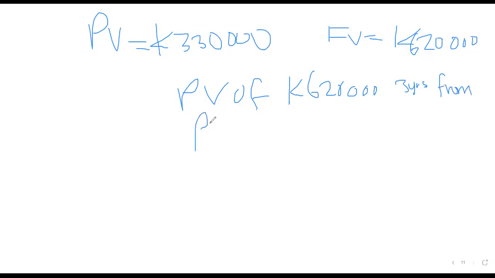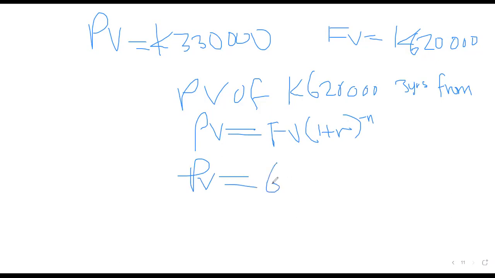So our present value is equal to future value times 1 plus r to the power negative n. So present value is equal to future value of 620,000.